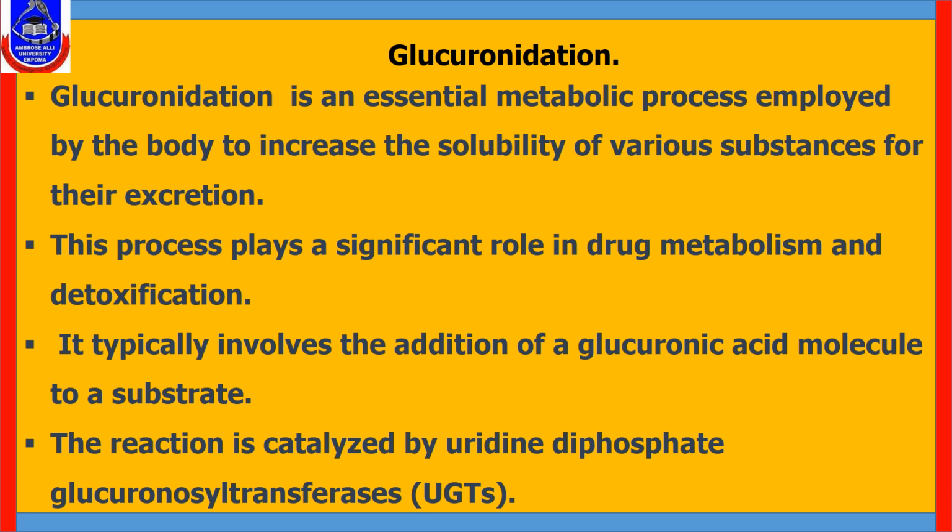Glucuronidation reaction. This reaction is essential in the process of converting a semi-soluble or partially soluble reaction to highly soluble substances for their excretion. This process plays a significant role in drug metabolism and detoxification.